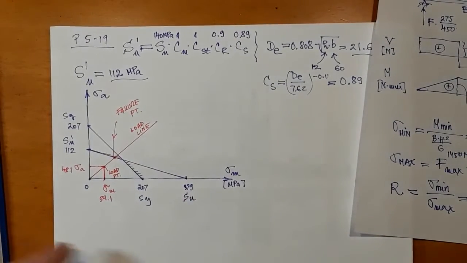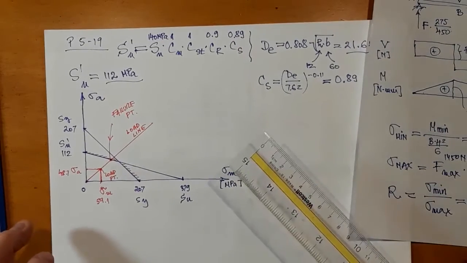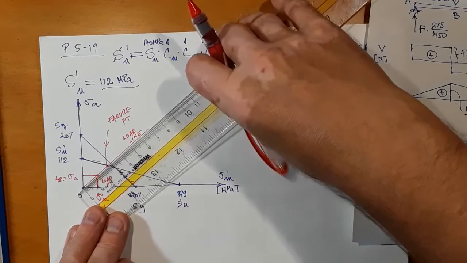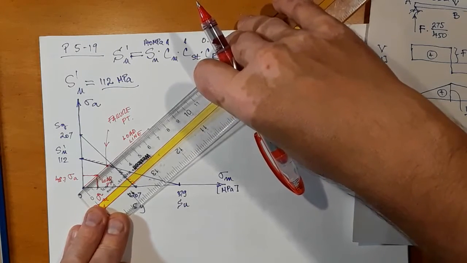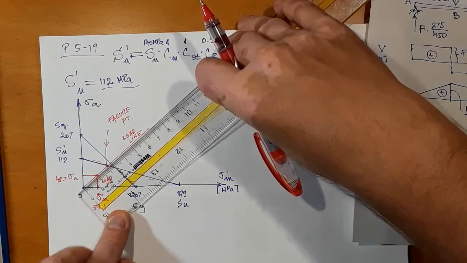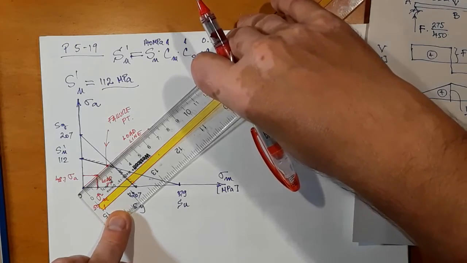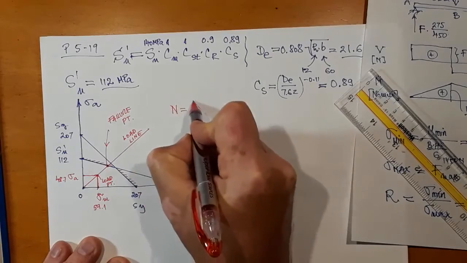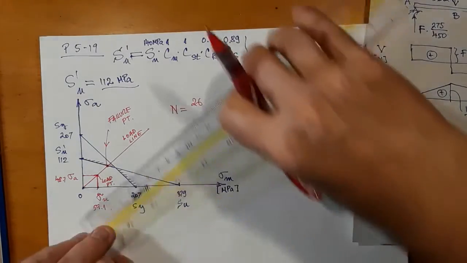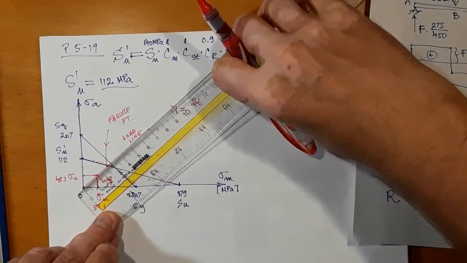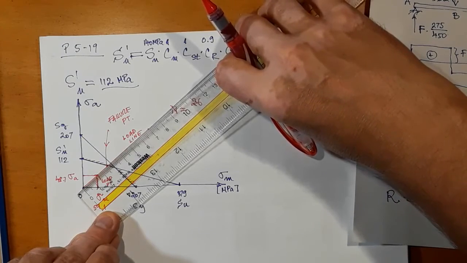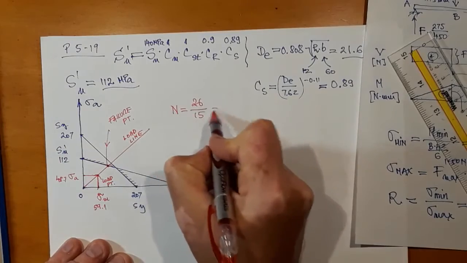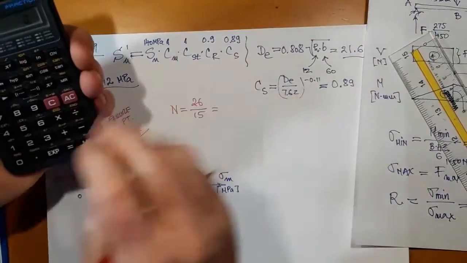Okay, and we can measure on the graph. Measuring on the graph, it will be like 26 millimeters on the figure divided by 15. 26 over 15.